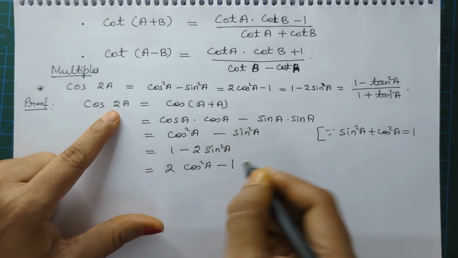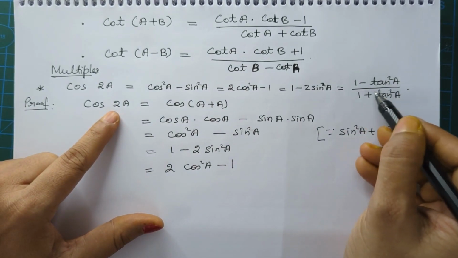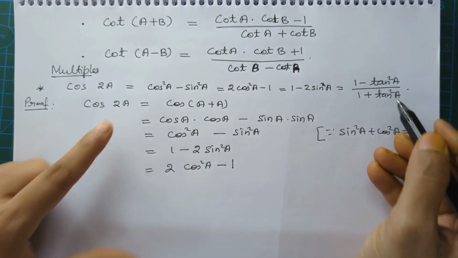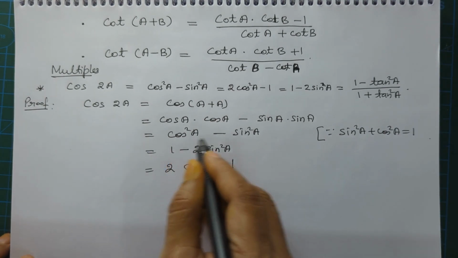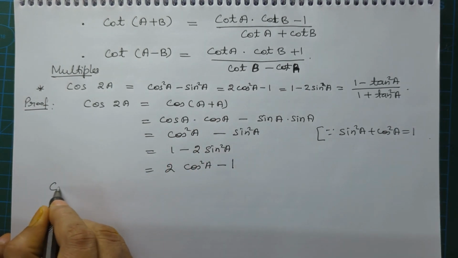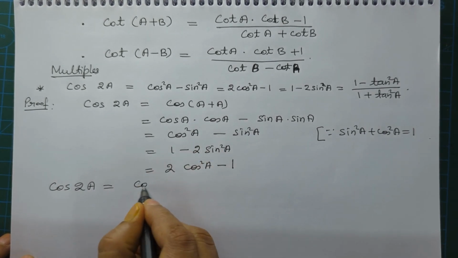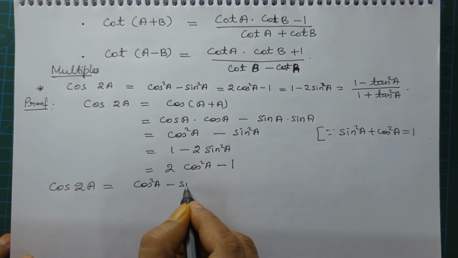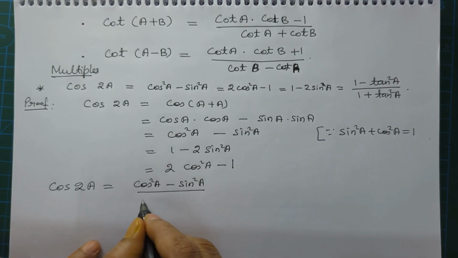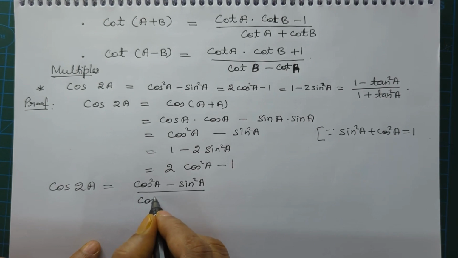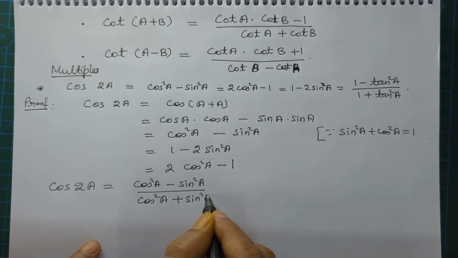And then cos 2A is also (1 − tan² A) by (1 + tan² A). For that, we can write its continuation. Here this is cos 2A, which is (cos² A − sin² A) divided by 1. That 1 we can write as sin² θ + cos² θ, so I am writing it as cos² θ + sin² θ.